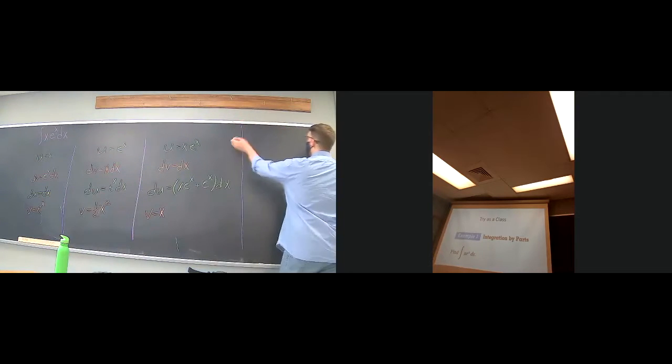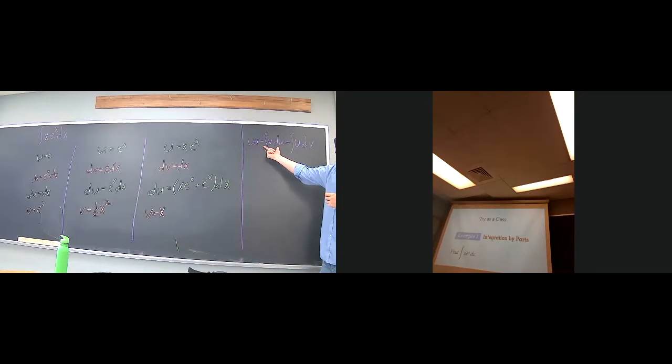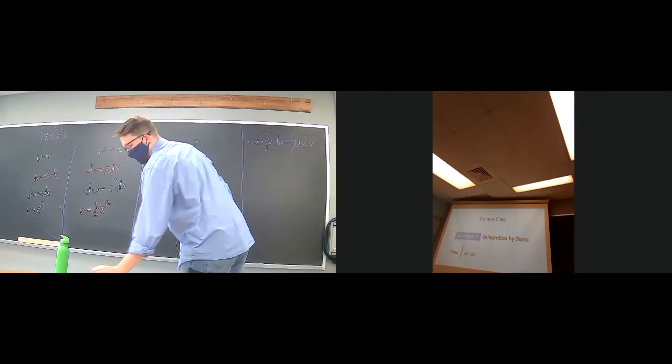Now, looking at these, we want to take advantage of the fact that u times v minus the integral of v du is equal to the integral of u dv. So this is what we started with, right? The integral of u dv. What we're aiming for is for this integral to be something that we can work with. So which of these combinations will lead to something where the integral of v du is solvable?